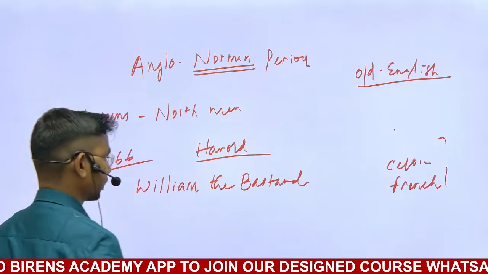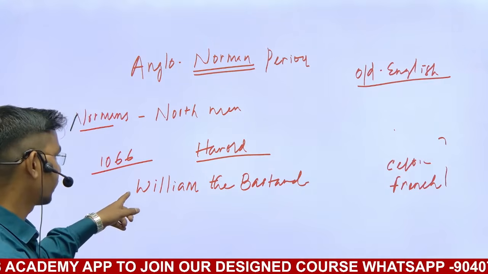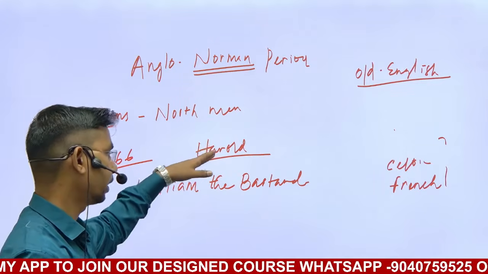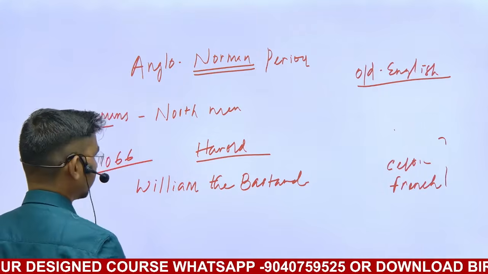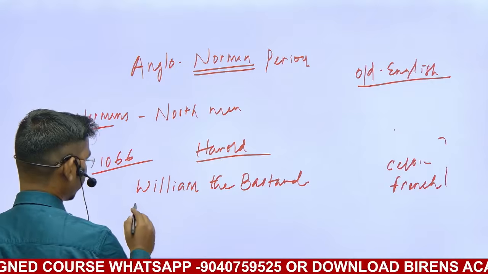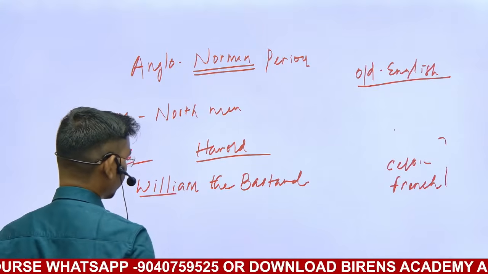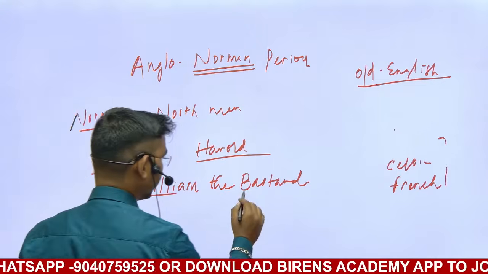Okay, in 1066 at the Battle of Hastings, they defeated the king Harold, and then invaded the land in 1066, and from then William the Bastard was known as William the Conqueror.